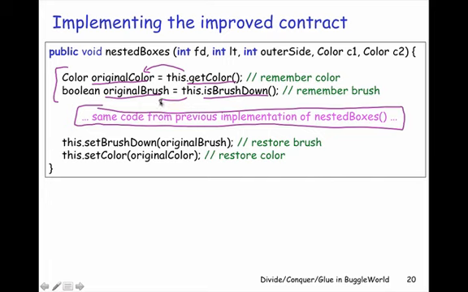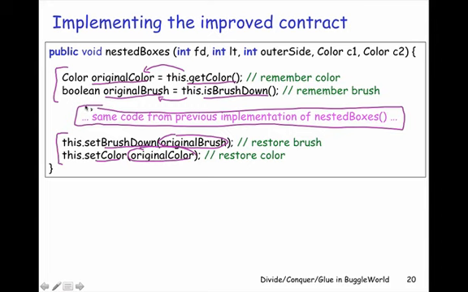So variables are just places that remember things. And so we can use these variables in the execution frame to remember what the original color and the original brush state are. And then at the very end of our method, before we return, we can set our brush down state to be the same as our original brush state, and we can set our color to be the same as the original color.